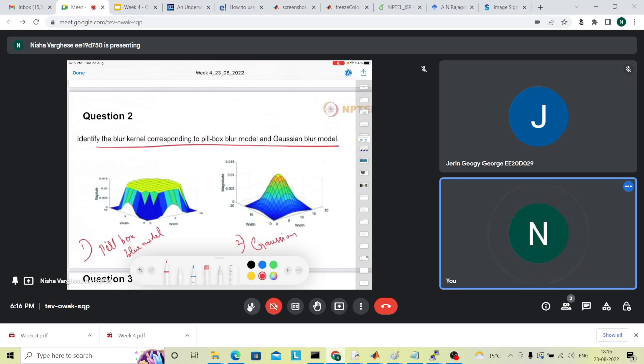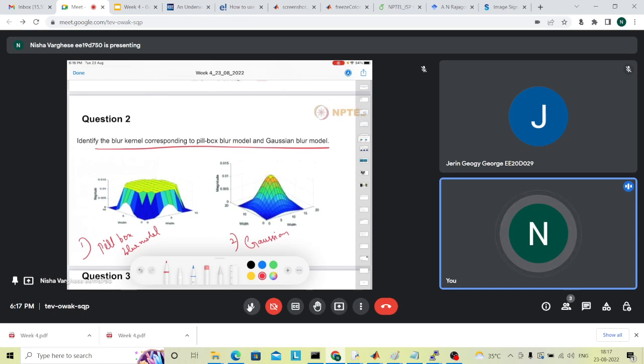Okay, and we know that this is the width and height of the image, and this is the amplitude of the blur. So it means that at every pixel the Gaussian kernel value is different, so it affects the pixel individually in every pixel.